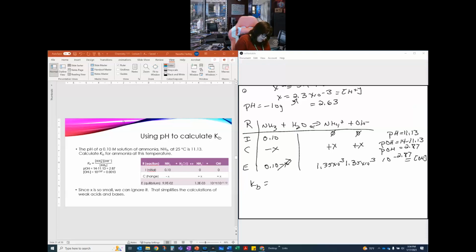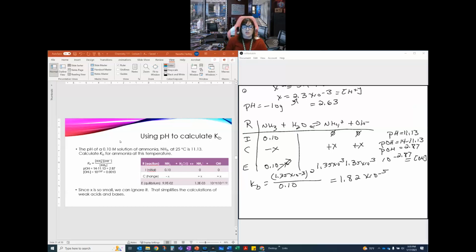So my Kb is equal to the NH4 plus, 1.35 times 10 to the minus third times itself. So same value, so it's squared over the 0.10. So I can square that value, divide it by 0.1, and that gives me a Kb of 1.82 times 10 to the minus fifth. Okay, so I have done exactly the same things that I did previously.